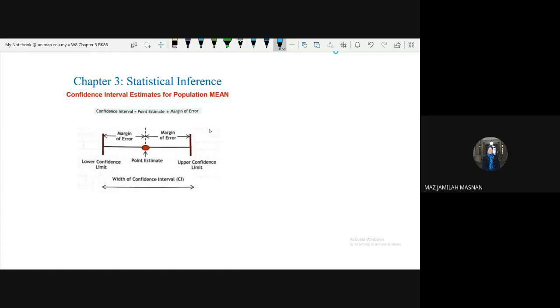Okay, so the margin of error. For example, if I'm talking about x bar equal to, let's say, 75, and we know that the interval is between, let's say, 60 and 90.